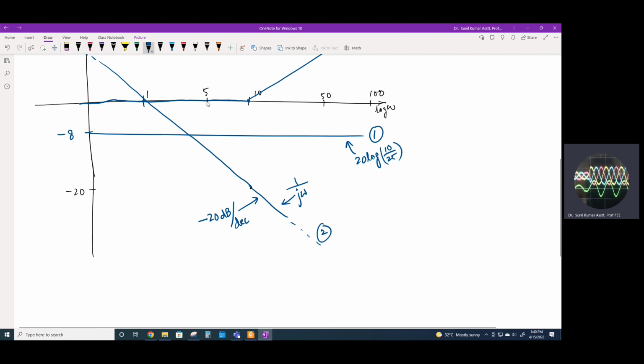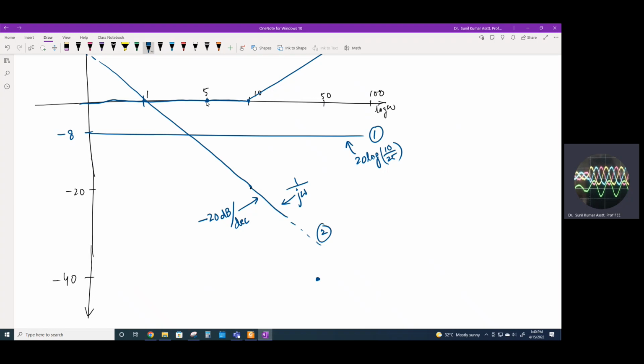Okay, so it will start decreasing after omega equals 5, and for a decade, like from 5 to 50, it should go down with a minus 40 dB rate. So let's say I have a rate like this. So at 50, it should reach minus 40 dB.